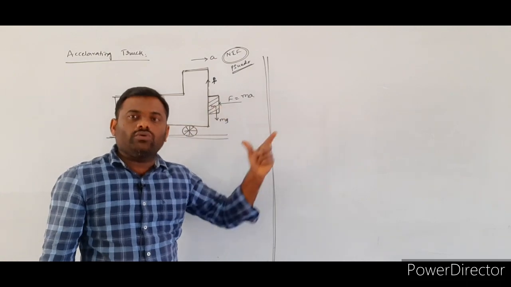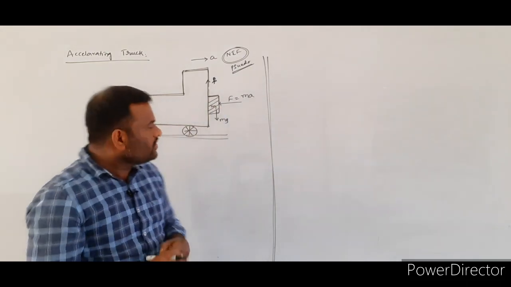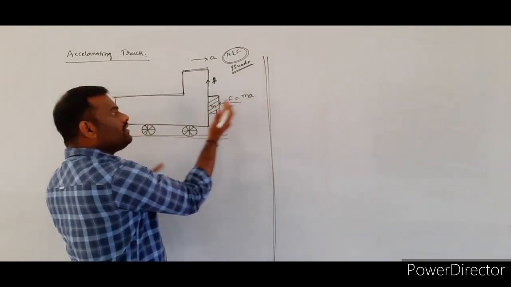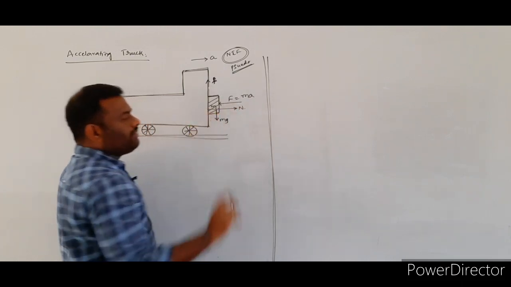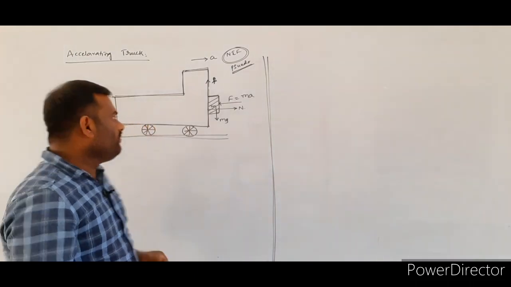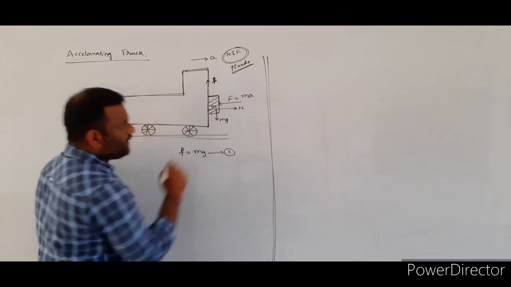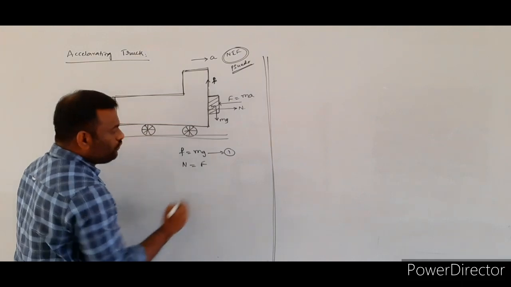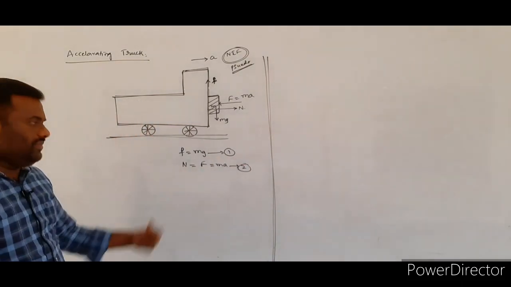This is similar to the block in contact with the vertical surface, which we discussed earlier. The pseudo force acting on the block towards the left is balanced by the normal reaction. Now we write the frictional force F equal to mg, and the normal reaction balancing the pseudo force equals ma.